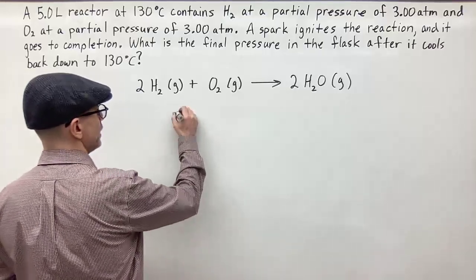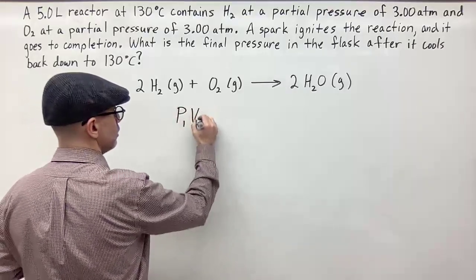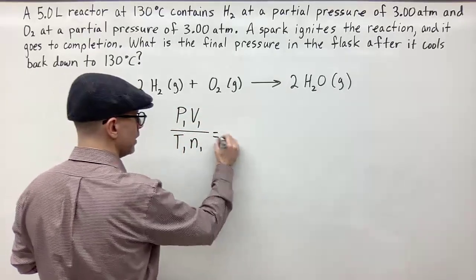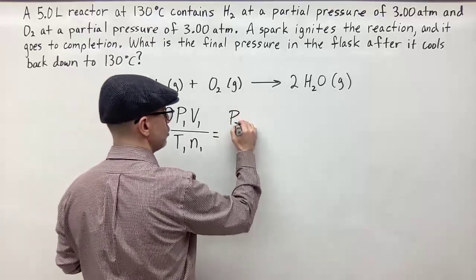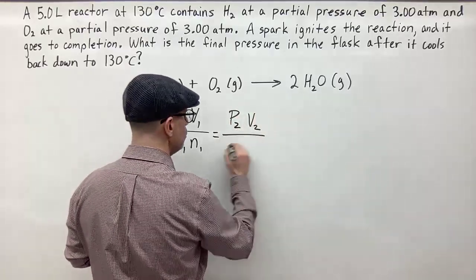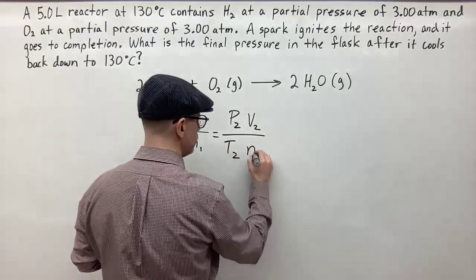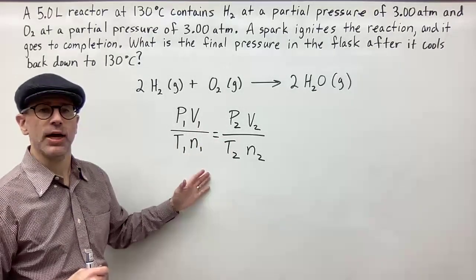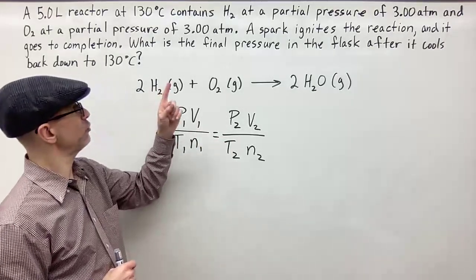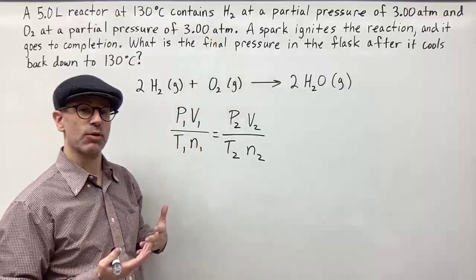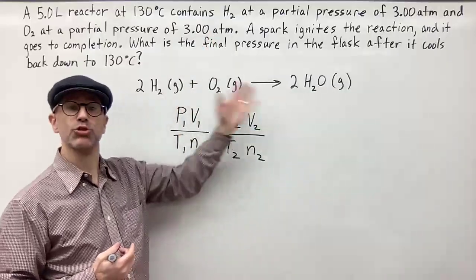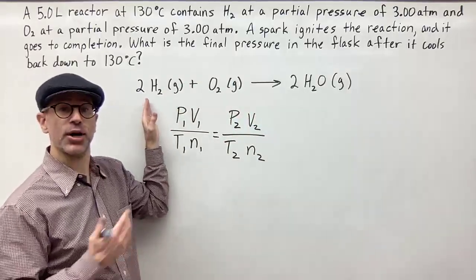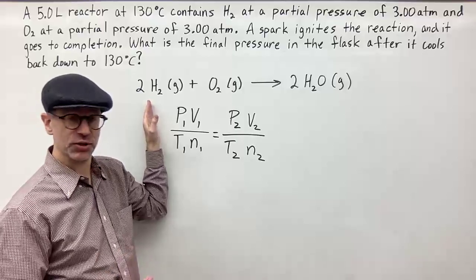The combined gas law is P1 V1 over T1 N1 equals P2 V2 over T2 N2. Why am I writing this? I'm going to show you why you can use the atmospheres as if they were moles with the balanced equation using your mole ratios. In the same way, you can use them as pressure ratios or volume ratios.